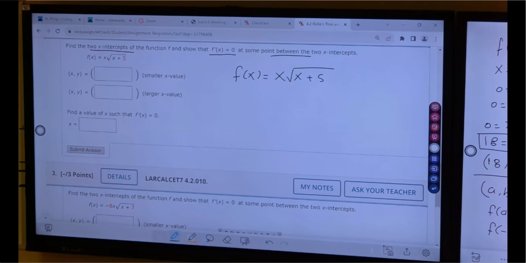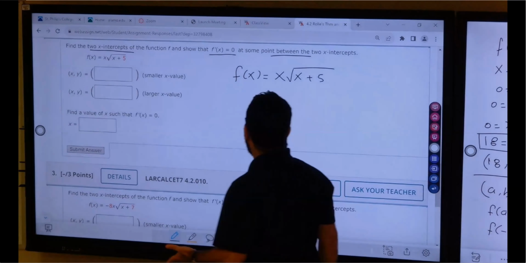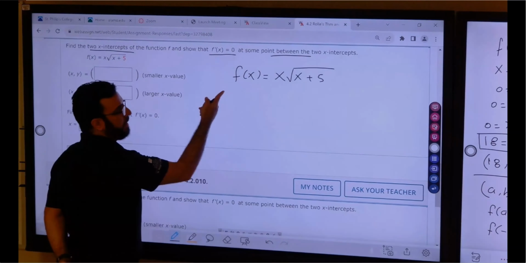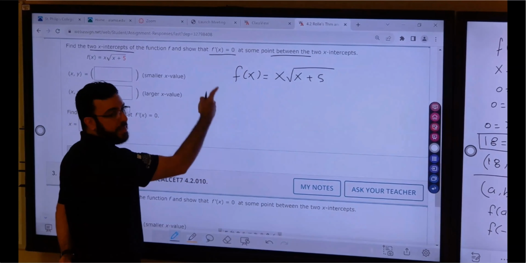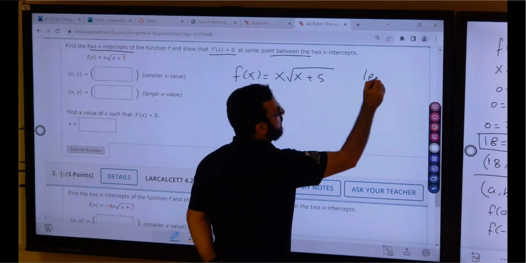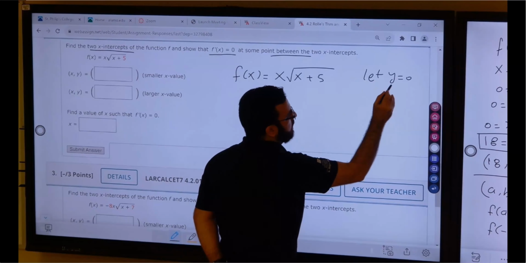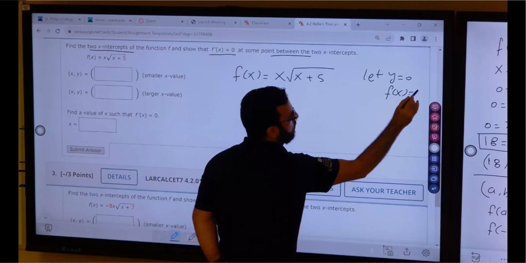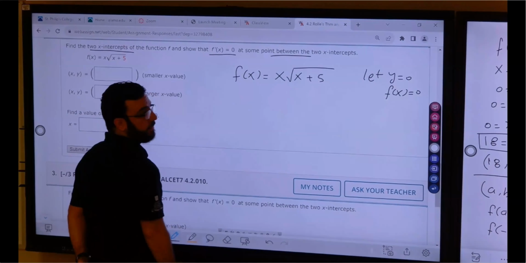Don't overthink it. To find the x-intercept, we're gonna let y equal 0, which is the same thing, f of x equals 0. That's how we're gonna find the x-intercept.